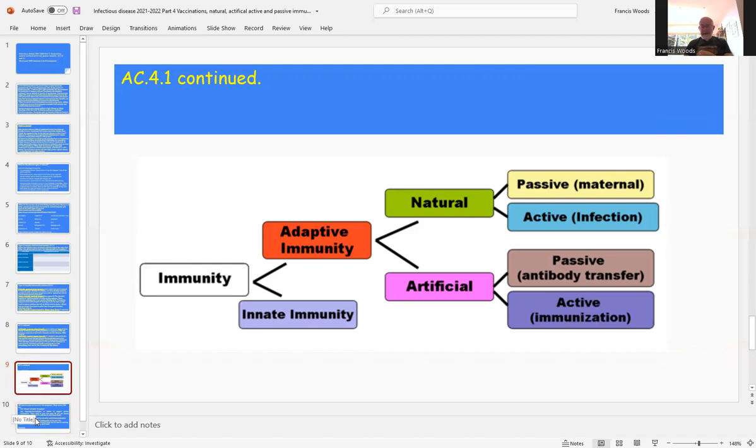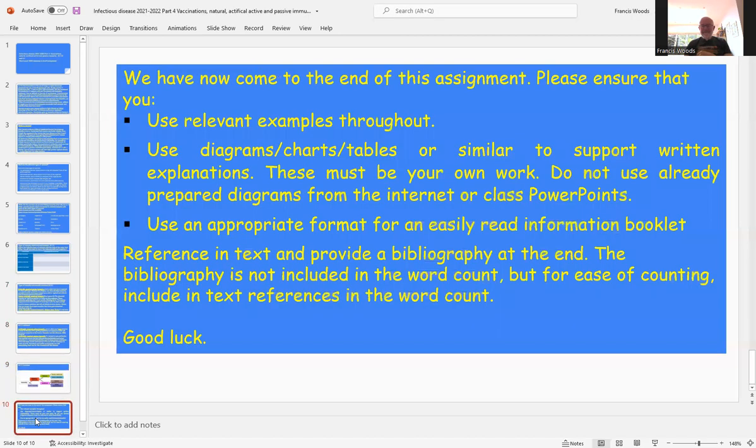Okay, last slide. Throughout all of your assignment, please ensure you use relevant examples for overseas health workers. Make sure you've got good diagrams, charts, tables. You can use some of these diagrams here.